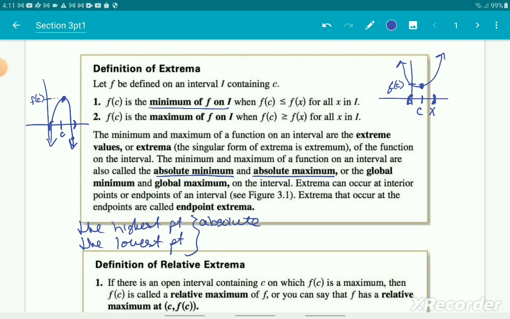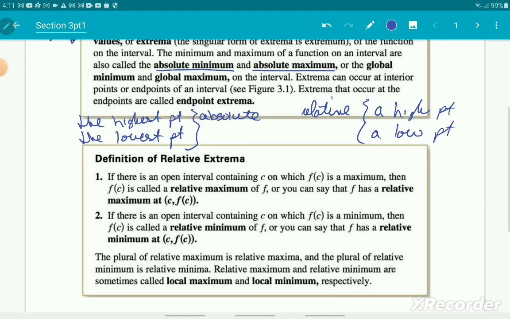But we also have this idea of relative extrema. And all relative means is it is a high point or a low point on the graph. So it doesn't have to be the highest, it just has to be the biggest in some kind of open interval.